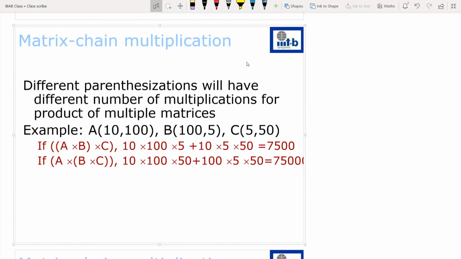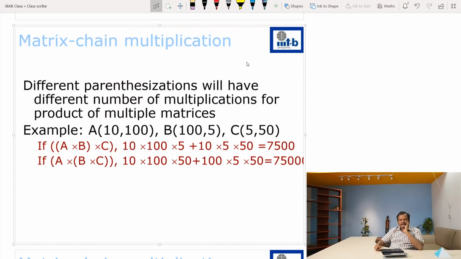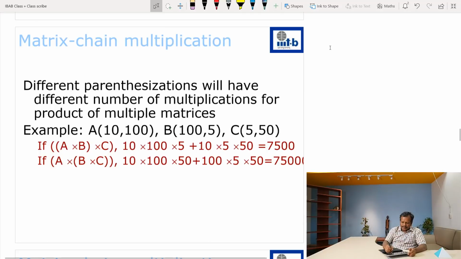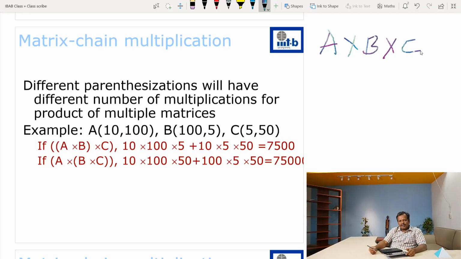So let's quickly see an example where different ways of multiplying give us different numbers of multiplications. If I am given matrices, let's say A, B, C, I want to multiply them in the order A into B into C. Matrix multiplication follows what is known as the associative property.